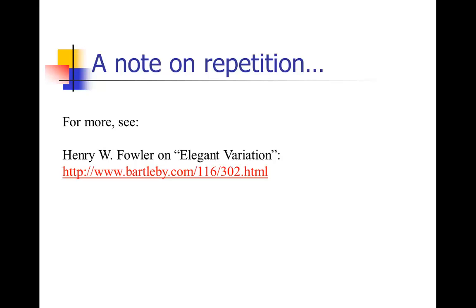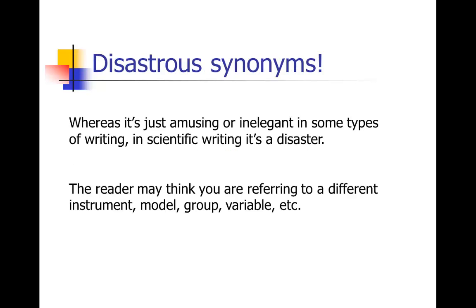And so if you want to read his whole article on elegant variation, the link is there for those of you who are curious. And I just want to emphasize again that I'm giving you some examples that are a little amusing or inelegant in magazine articles. But, elongated yellow fruit, everybody's going to understand your meaning. It's even more disastrous, not just needless, it's sometimes disastrous in scientific writing to substitute a keyword with a synonym.